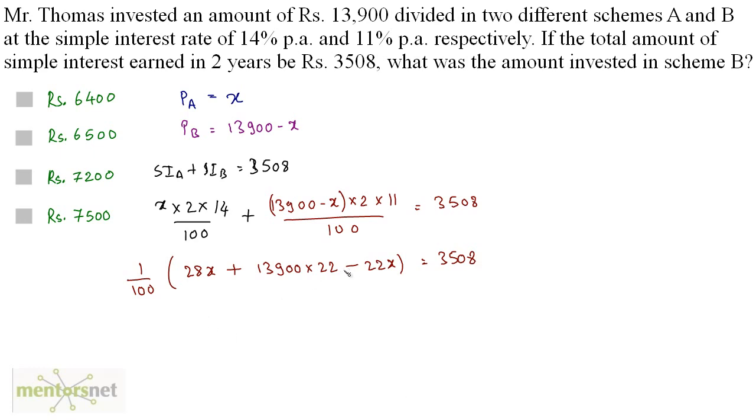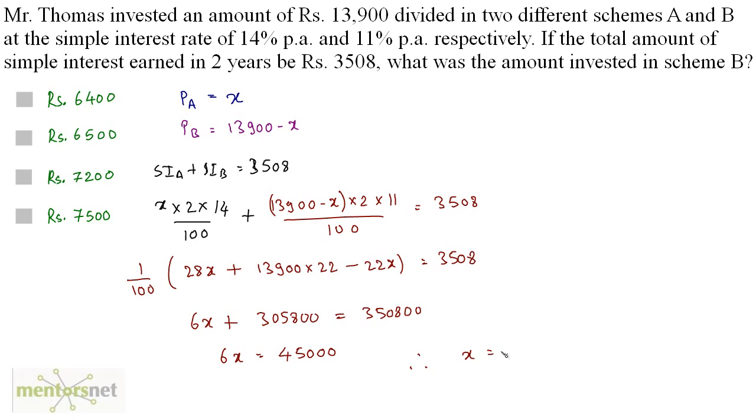Now 28x minus 22x is 6x plus 13,900 times 22 is equal to 3,05,800 is equal to, this 100 goes to the right, that's 3,50,800. So therefore 6x is equal to 45,000.